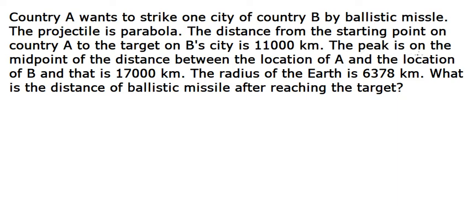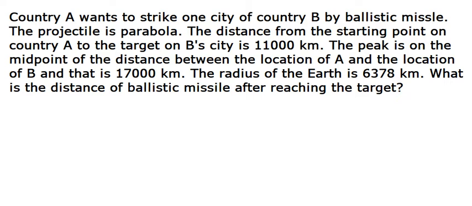The peak is at the midpoint of the distance between the location of A and the location of B, and that is 7,000 kilometers. The radius of the Earth is 6,378 kilometers. What is the distance of the ballistic missile after reaching the target?